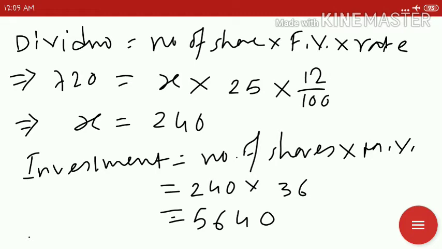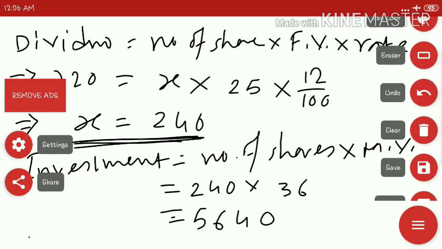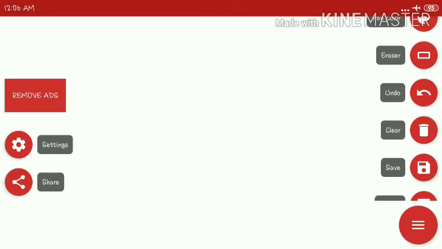Okay. Now next, we have already found the number of shares bought by him. Already we have calculated it as X, and now the second thing remaining is the percentage of return on his income. We need to find out the return percentage. So to find the return percentage, we again use the formula: return percentage equals the dividend over the investment, times 100.